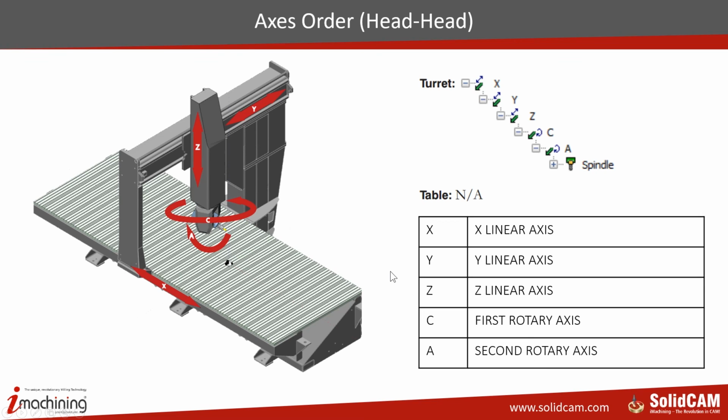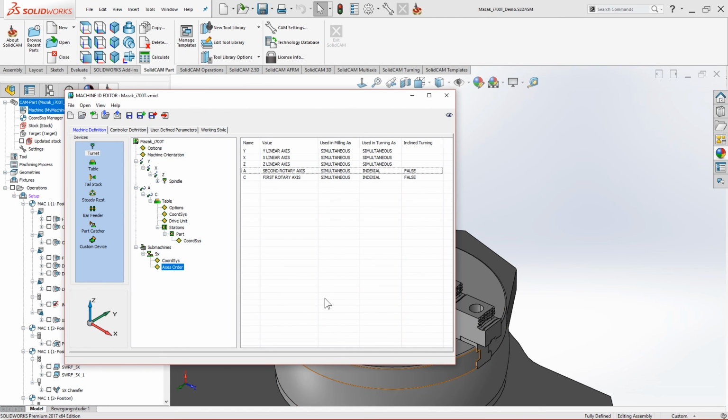Alright, perfectly. Let me go back to the VMID itself. Over here we can define all of our axes, how they can be used in the milling as well as the turning. The available options are simultaneous, indexial, or not used at all. So in the milling, all those 5 axes are simultaneous, so as it is, and I would like it to be that way.